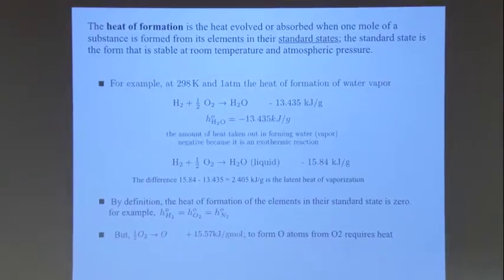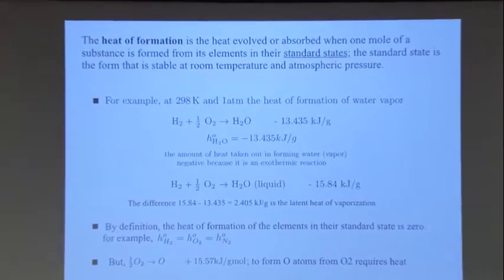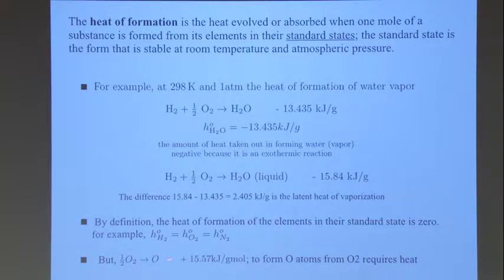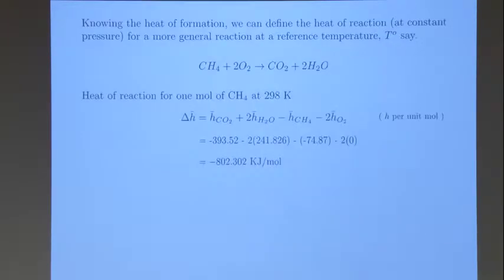But the heat of formation of oxygen atoms is not 0 because it's not in the stable state, clearly, and you have to break a molecule of oxygen to get O, and that's the amount of heat which is required. So, okay.